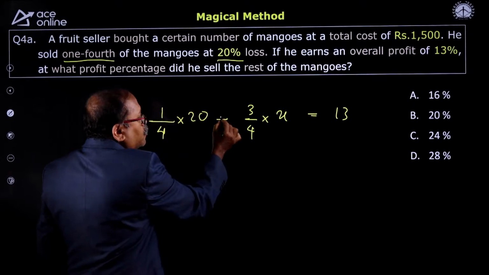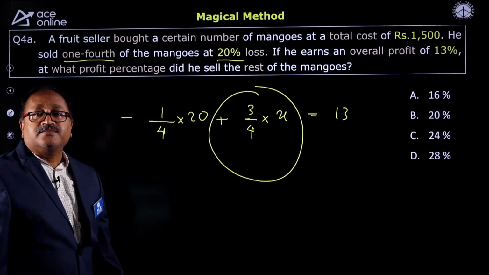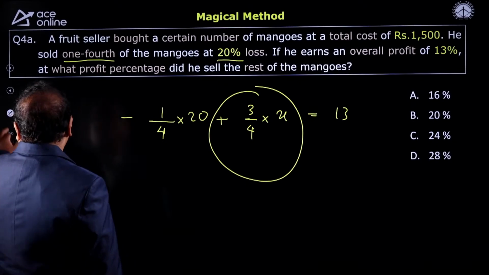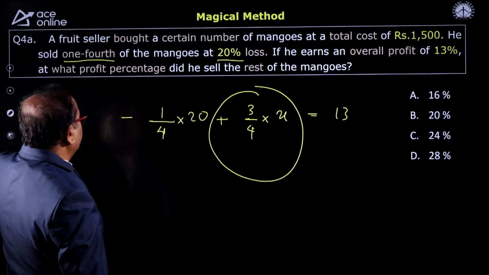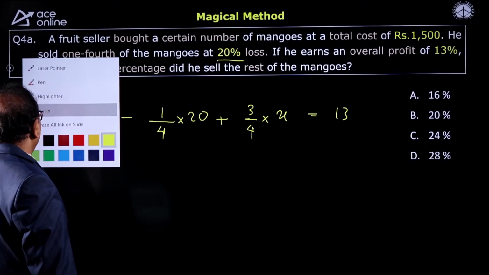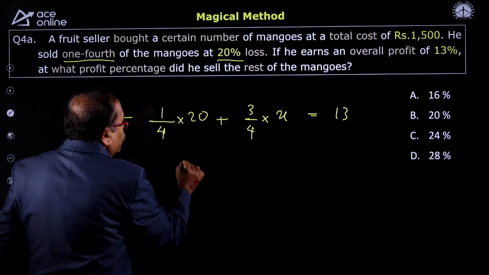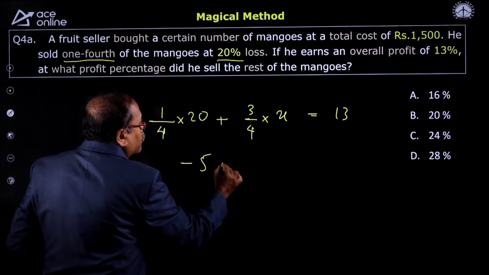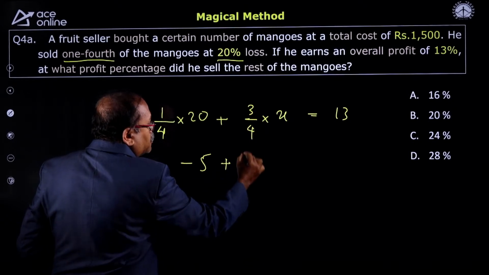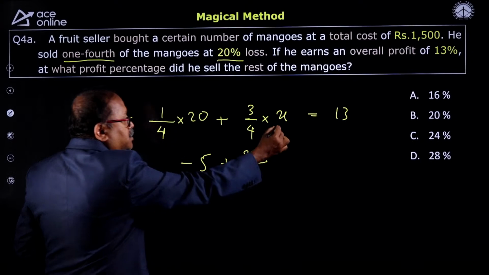Here you need to add this one because this is profit. Whatever the result, this is the best method to answer this question. So here I get -5 plus 3x by 4, which is 13.